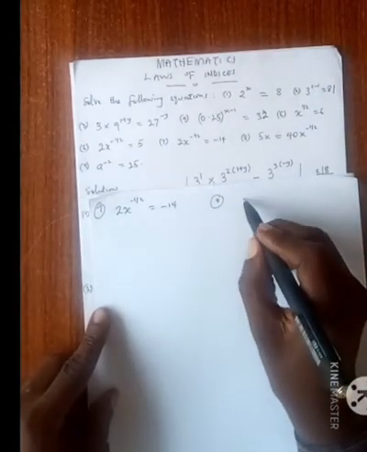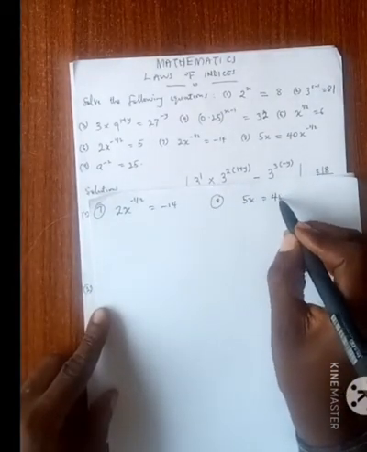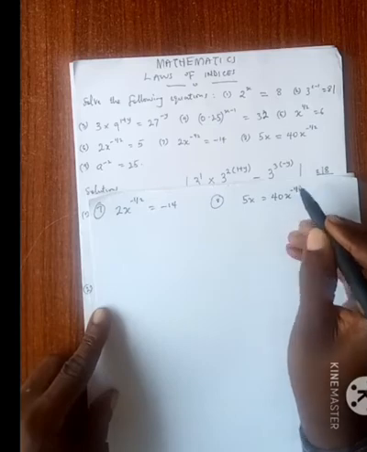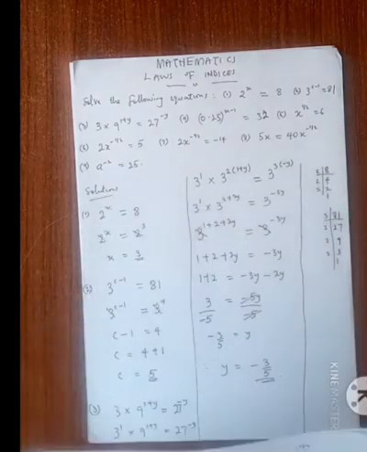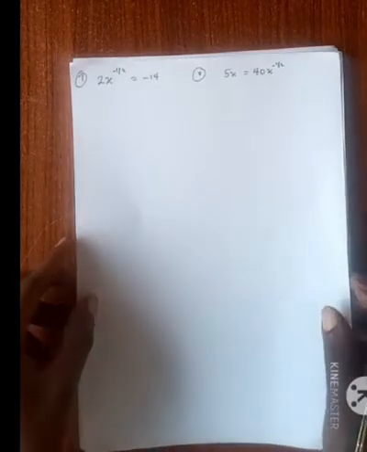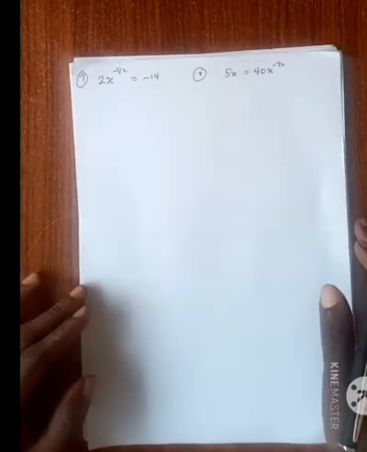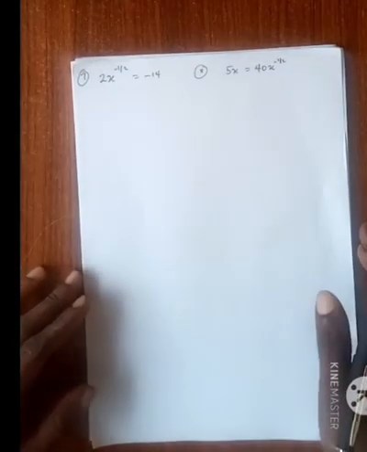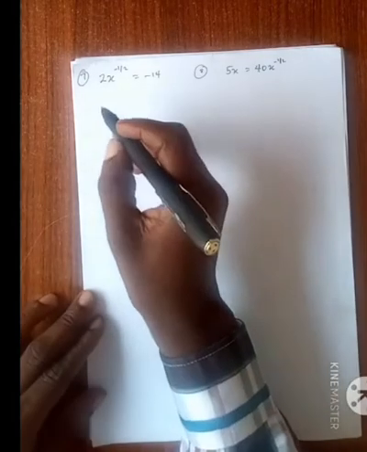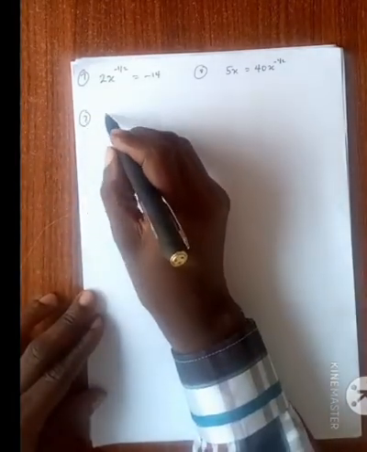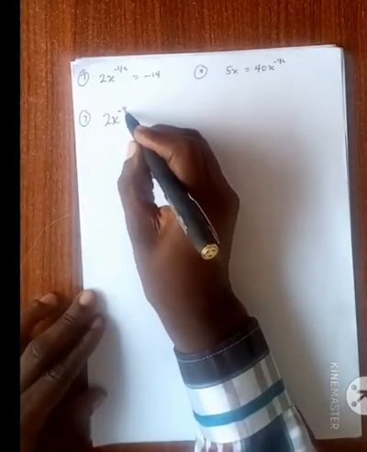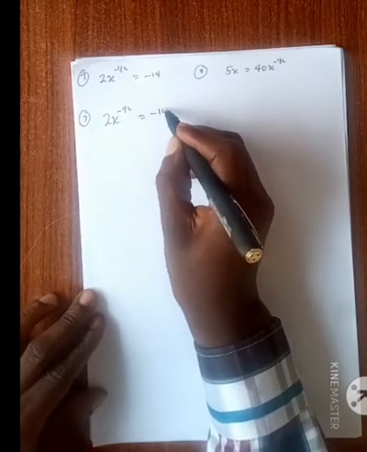And by my number 8, I have 5x is equal to 40x raised to the power minus half. So I'll be able to solve without moving up and down now. Now, solving this thing means, okay, now let me write my question 7. 2x raised to the power minus half is equal to minus 14.